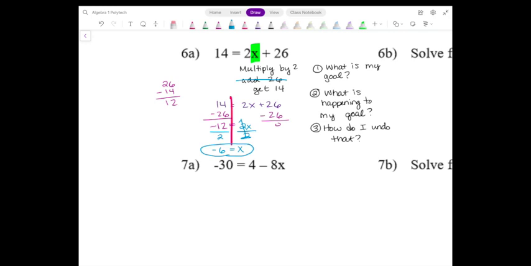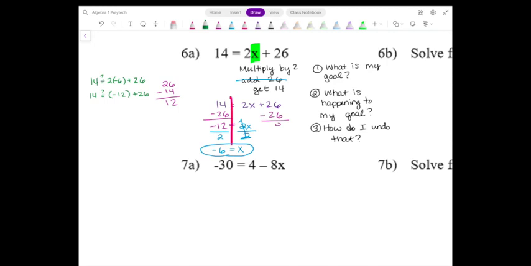And again, I could go back and check my answer. So I go back and I say, okay, 14. Is that indeed equal to 2 times, what was my answer? Negative 6 plus 26. Okay, well, let's see. I know that 2 times 6 is 12, so 2 times negative 6 is negative 12 plus 26.